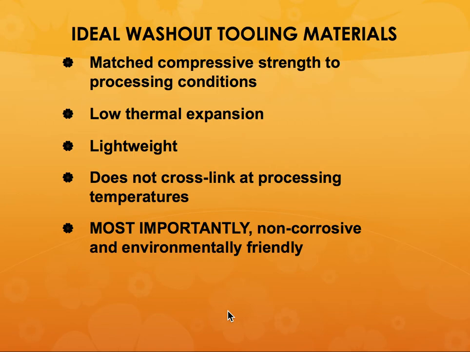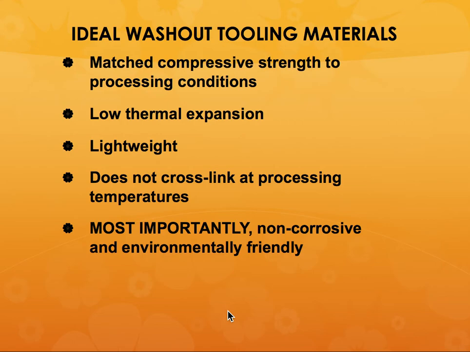So I want to describe some of the things that we did about 16, 17 years ago. We came up with what are called washable tooling materials. And the advantage is that these materials have low thermal expansion, lightweight, and do not have a polymer that will cross-link at the processing temperature.